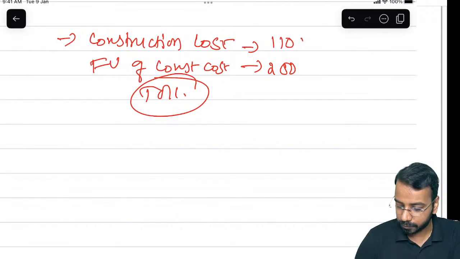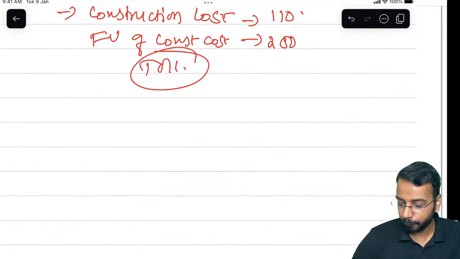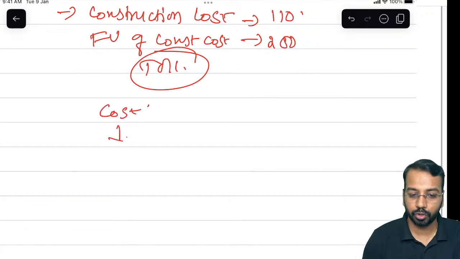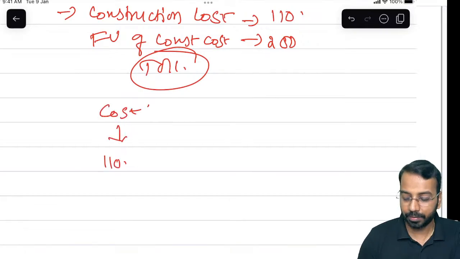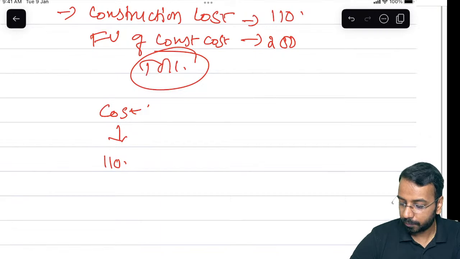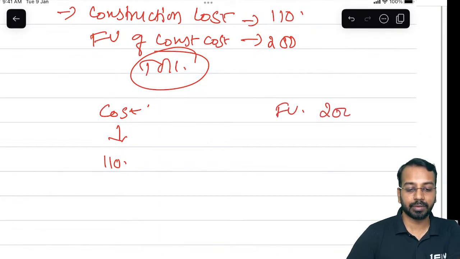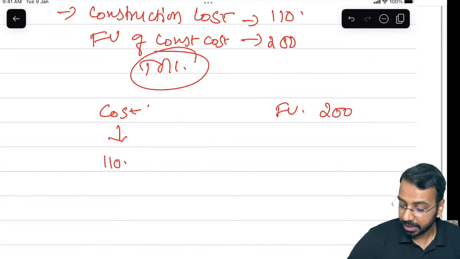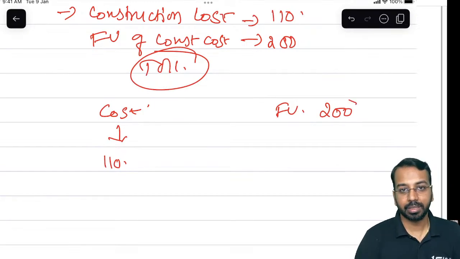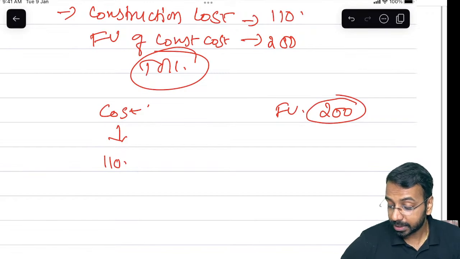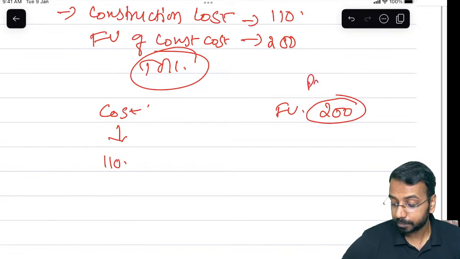Now, think of this from the company's point of view. Your cost is 110. You have incurred that cost. Your fair value of the work that you have done is 200. This fair value of work done is basically the present fair value of the right to collect.